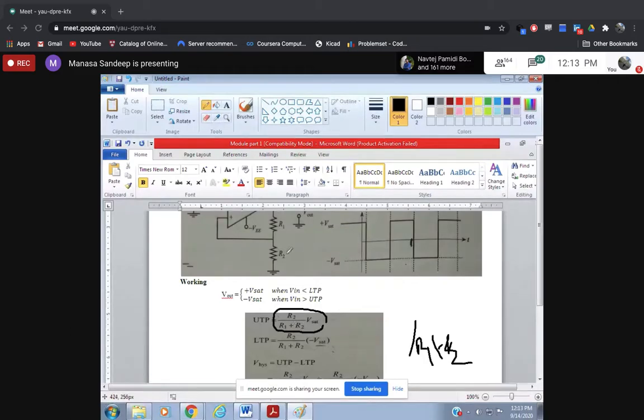What are R2 and R1? These are the values of the resistors. Guys, this is just a simple voltage division rule. If you have understood that one, you will understand this easily. So what is the LTP value? R2 divided by R1 plus R2, into minus V saturation.